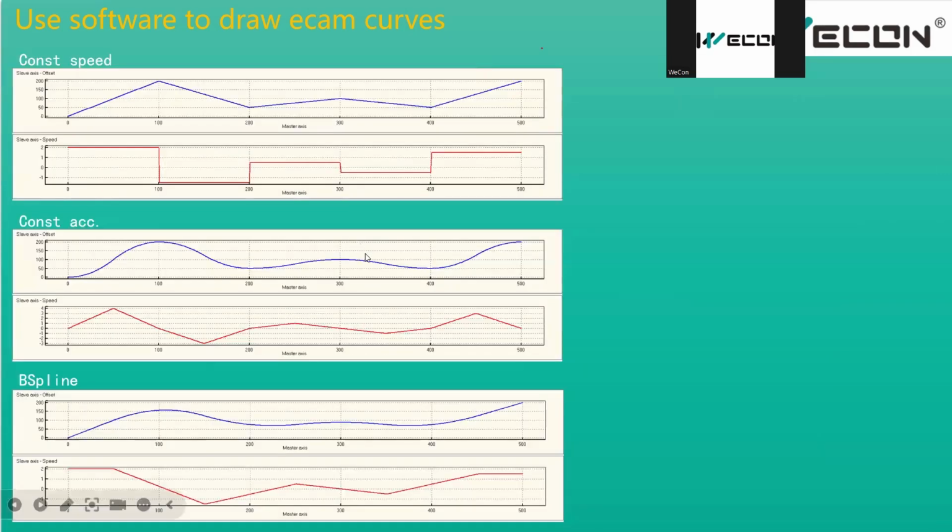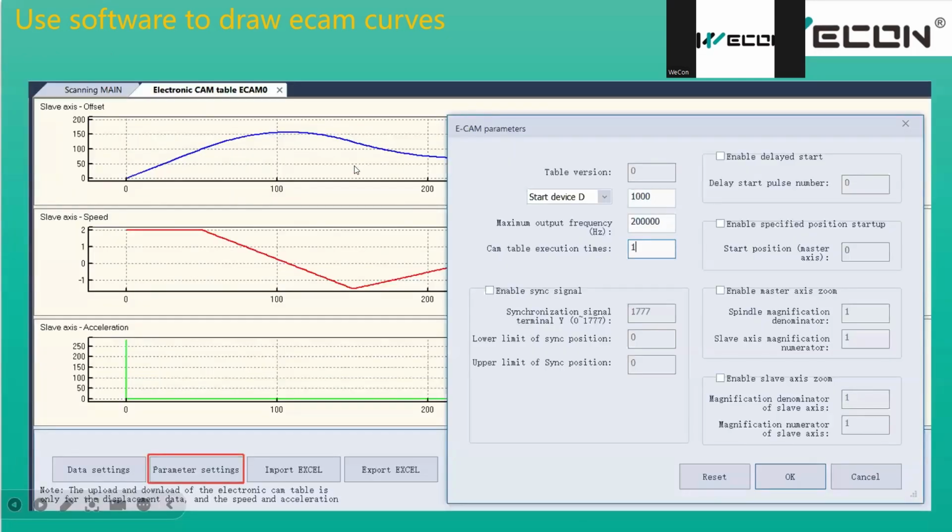Okay. So after we get the curve, we will need to set the parameters. Here we have a parameter setting button, and after clicking this, you will get another table.